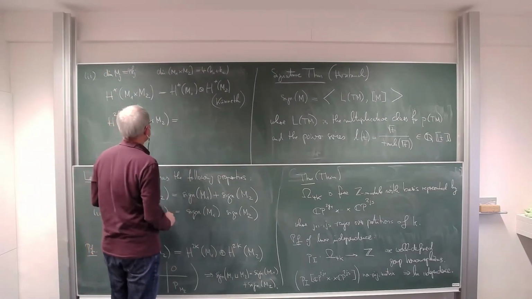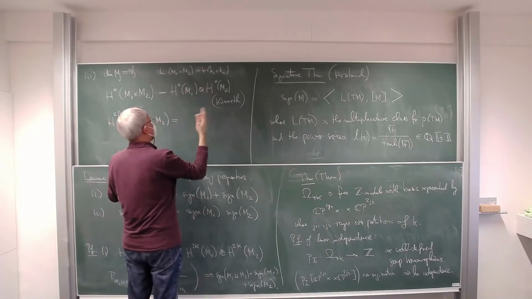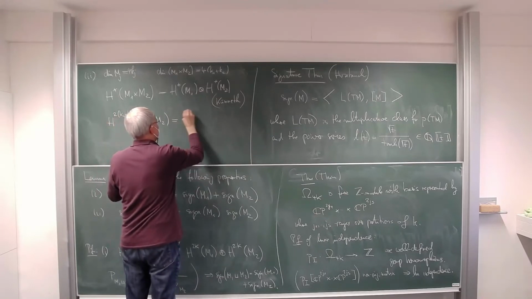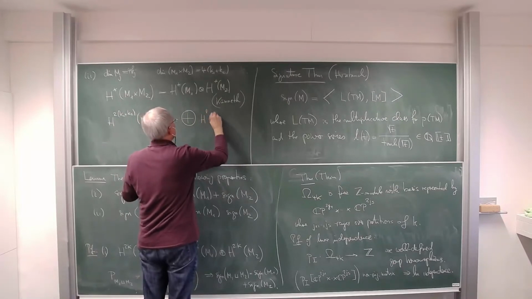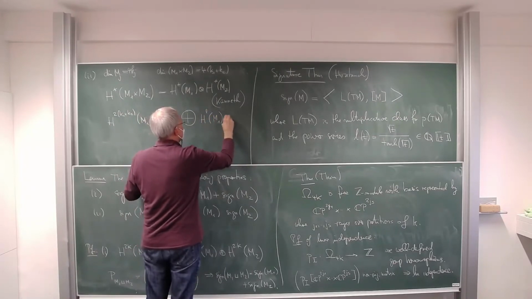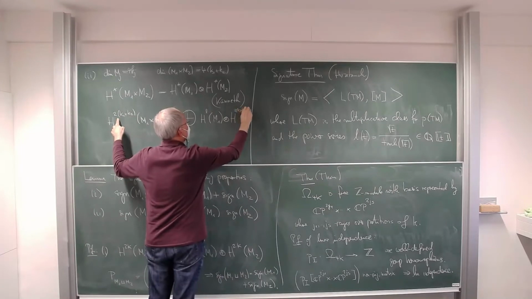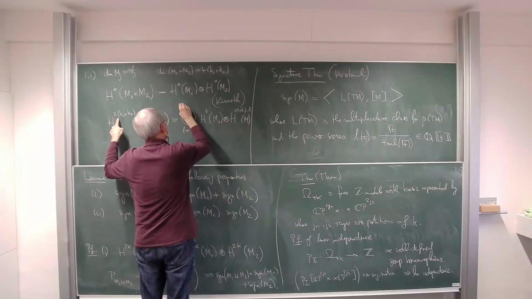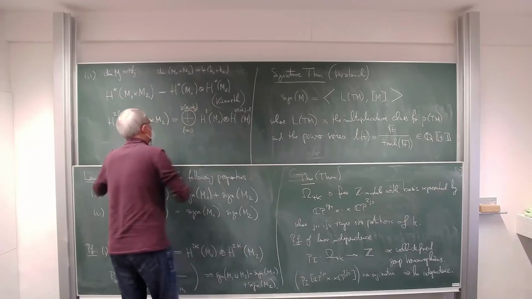Then what this tells us, so this tensor product of these forms, this is of course now a sum of tensor products of various degrees. So I can write this as the sum of H^L of the first factor tensor H^(2k1+2k2−L) of the second factor, where L ranges from 0 to the total degree here, which is 2k1 plus 2k2.